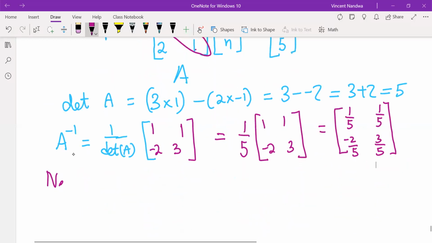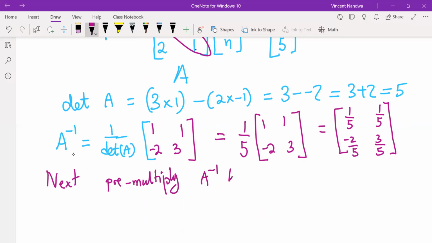So next, pre-multiply A inverse on both sides of the matrix equation, i.e., pre-multiply means the matrix A inverse will be on the left-hand side.